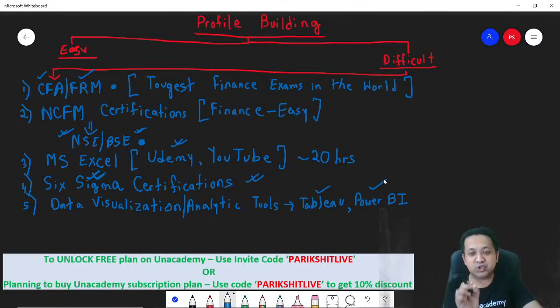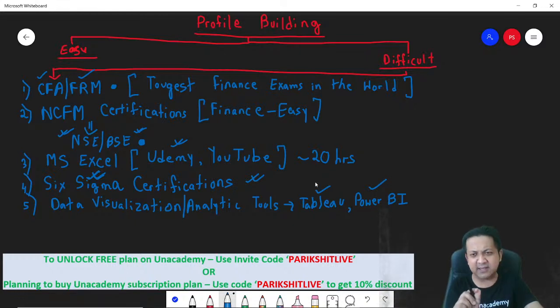But if you can install this software on your computer for free and do a certification, a certificate which you get at the end of the course, you can put it up on your resume, because data visualization comes in very handy during your MBA. If you have them on your certification before your IIM interview, they will fetch you brownie points.